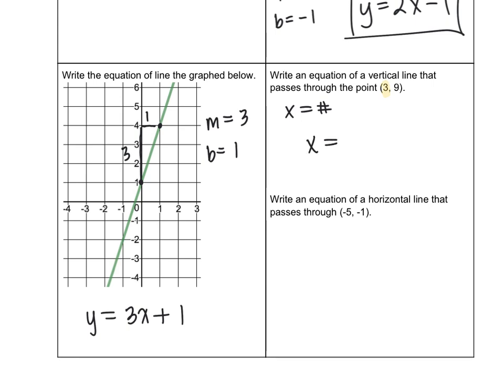So it's going to be x equals 3. Whereas with a horizontal line, that's always y equals a number, and you always go with the y value from your point, because that's the value that's the same. So y equals -1. They're probably the easiest ones to write equations for, because it's just x equals a number and y equals a number.